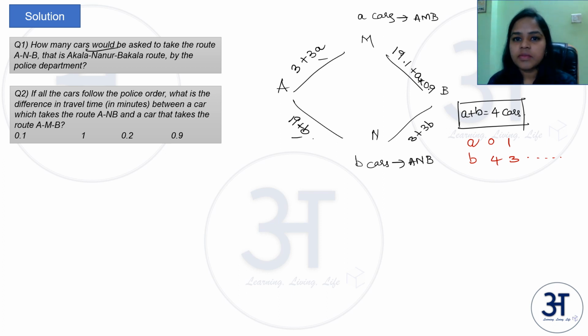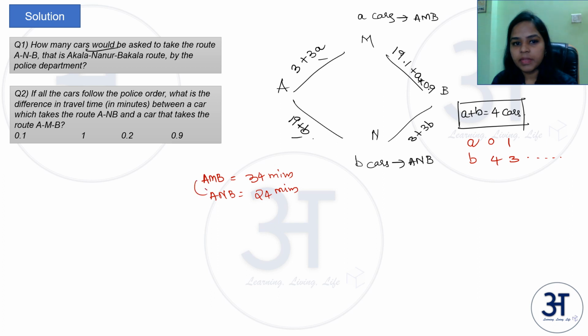So let us first understand, before solving, what they mean by the question. Say if AMB is taking me 34 minutes. Similarly, if ANB is taking me, say, 24 minutes.